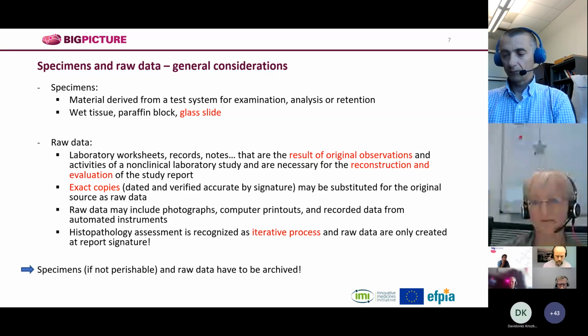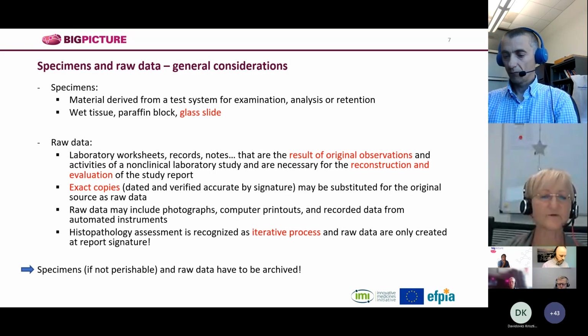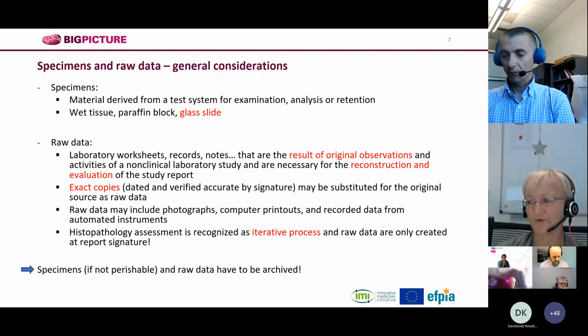There are some thoughts, some consulting textbooks, some literature research in between, some consultation with colleagues before one is really sure how to call changes and how to evaluate relevance of changes and how to judge differences between treated animals and control animals. So for histopathology, raw data only begin to exist with the signature of the pathology report.